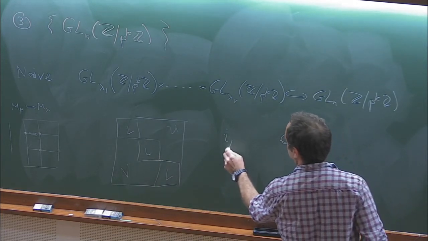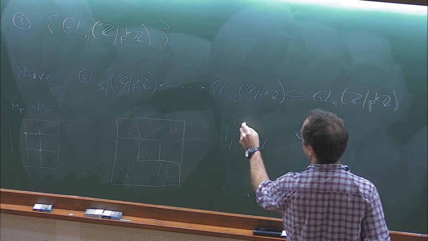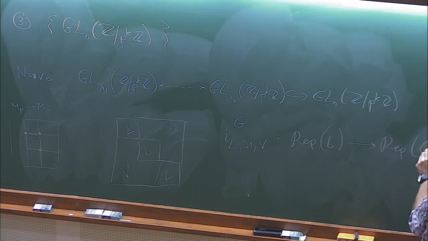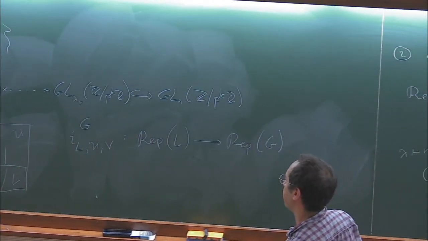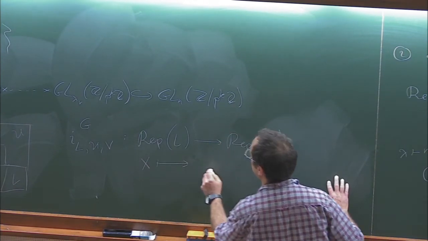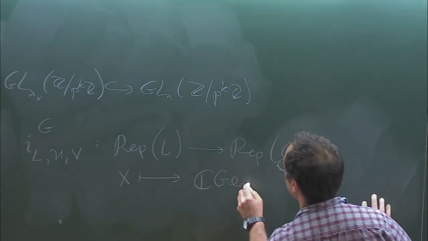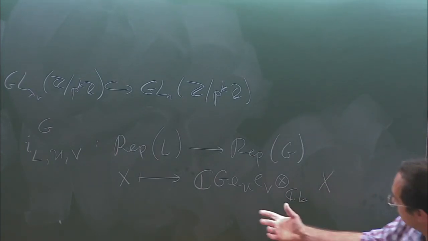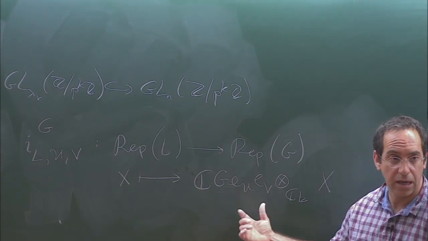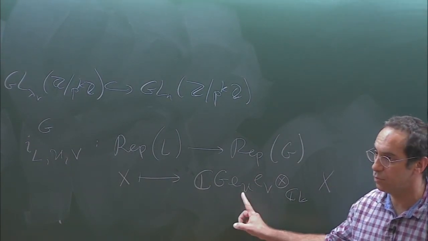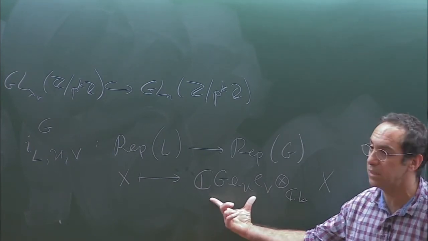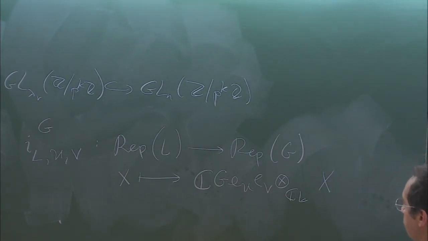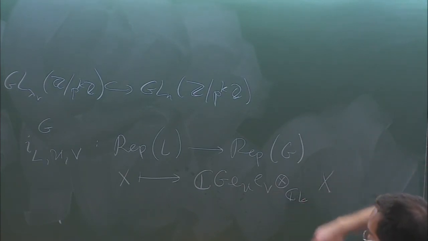And I'm looking at I, L, U, V, G. So this will go from representations of L to representations of G. And it will send a representation X to C[G]e_U e_V tensor C[L] X. So this is still a C[L] module because L normalizes both V and U. So this is a C[L] module, but it is smaller than C[G]e_U. In fact, significantly smaller.